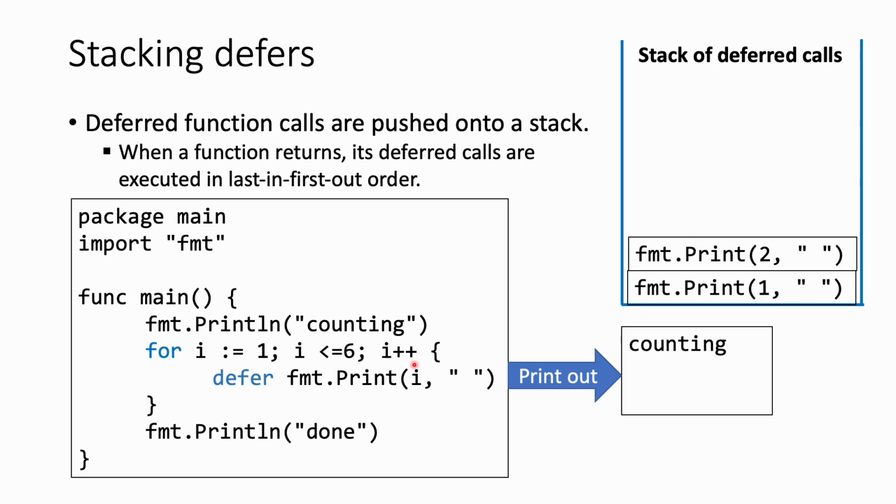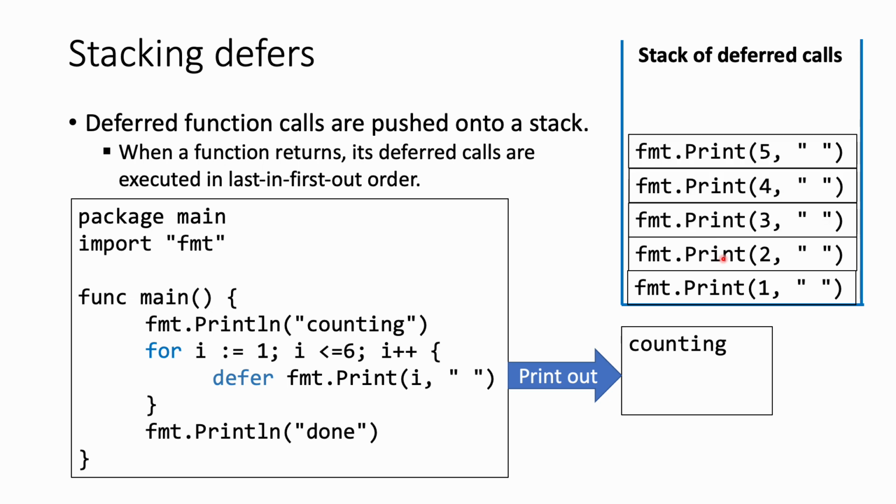Then the call to Print of 2 is deferred and is pushed to the stack after the first deferred call. And then the third to the 6th deferred calls are pushed to the stack but not executed until the main function finishes. After the for loop, the main function also prints out the string done and then finishes.